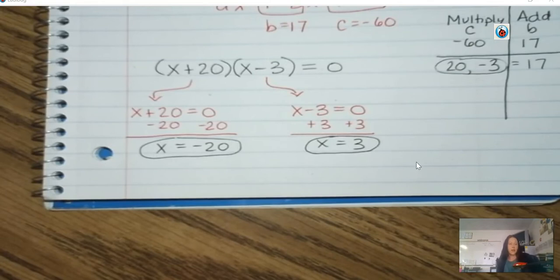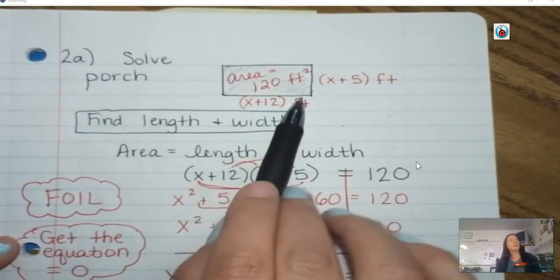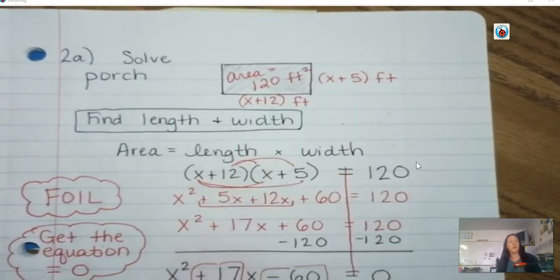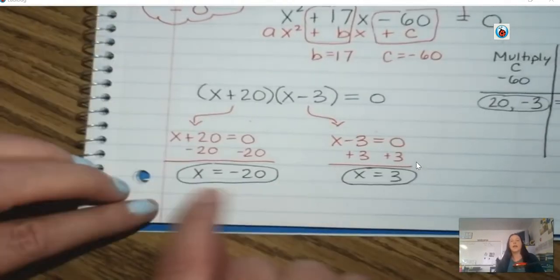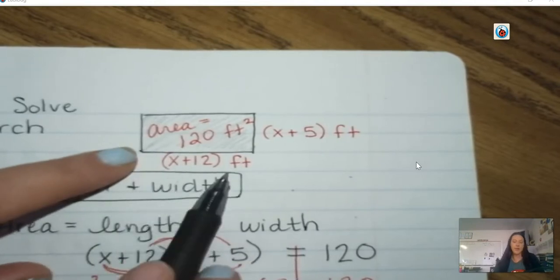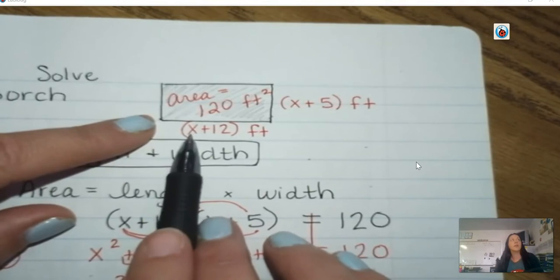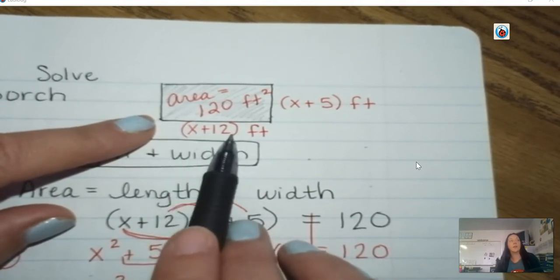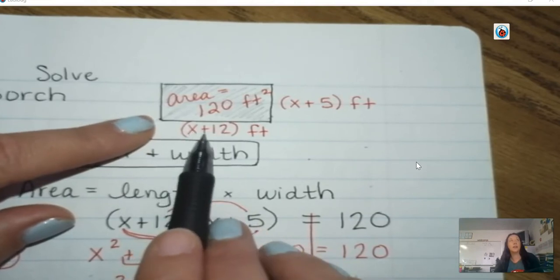However, we're still talking about this word problem. At the top, we have a porch that's x plus 12 by x plus 5. So let's use the first number, negative 20. If x is negative 20, what's negative 20 plus 12?